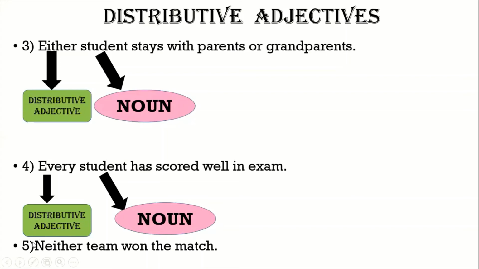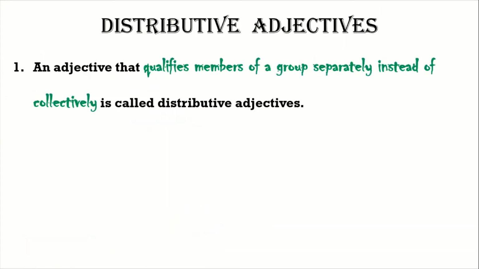Clear? Let's have a summary. Don't get confused. First one, write it down: an adjective that qualifies members of a group separately instead of collectively is called a distributive adjective. Distributive, always remember, you're distributing the work, meaning separately giving the work.